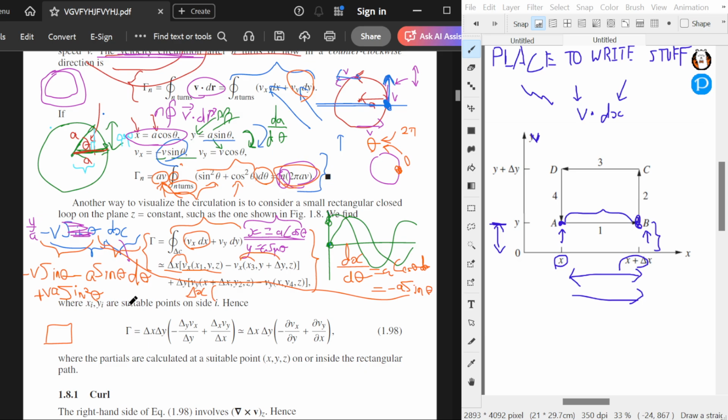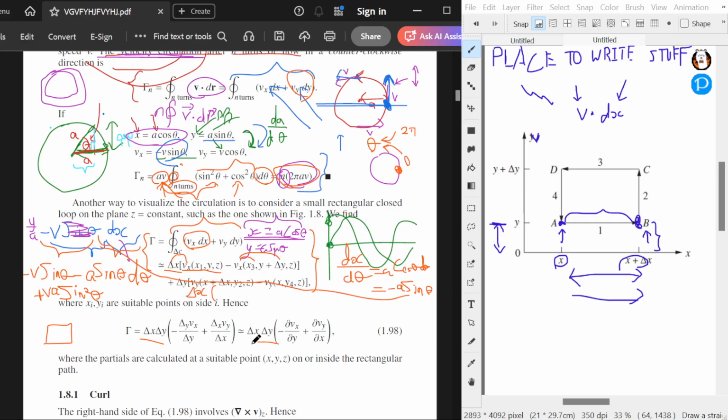Circulation equal this, where xi, yi are suitable points on side i. Hence, circulation equal delta x delta y, this stuff, which is approximately del vx del y plus del vy del x.